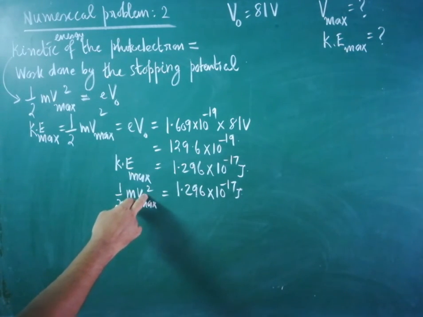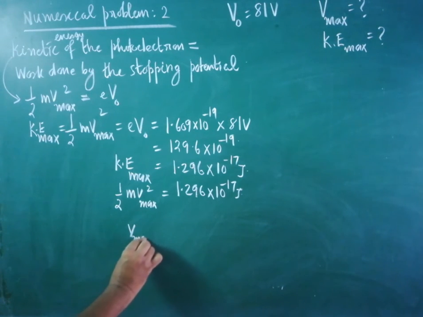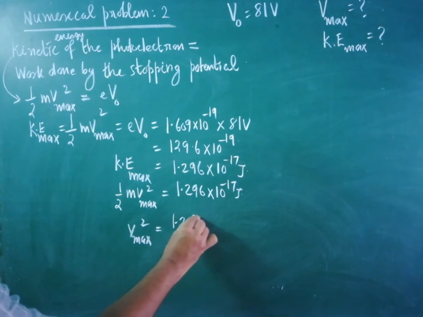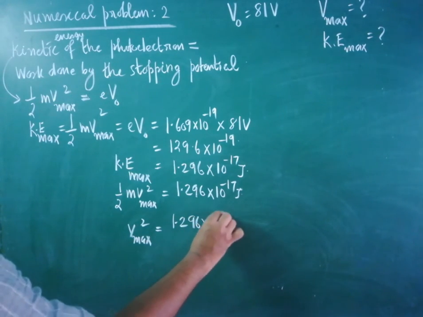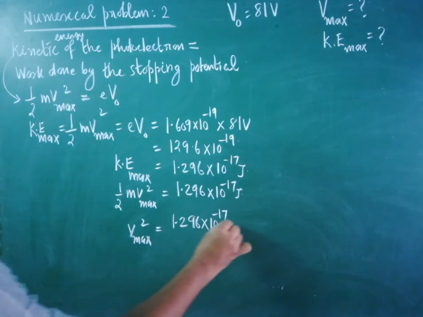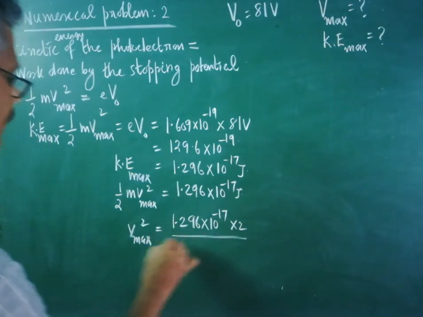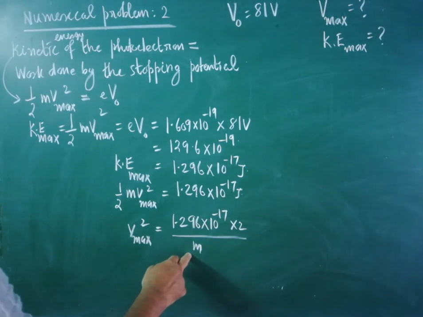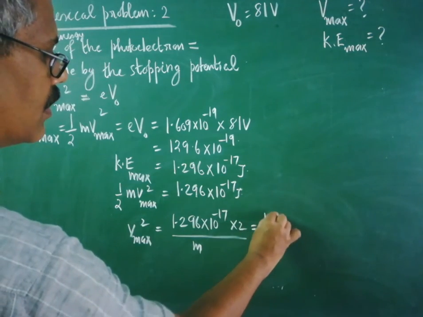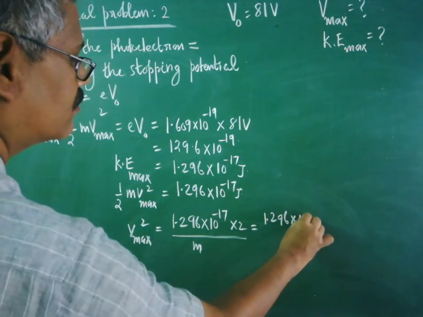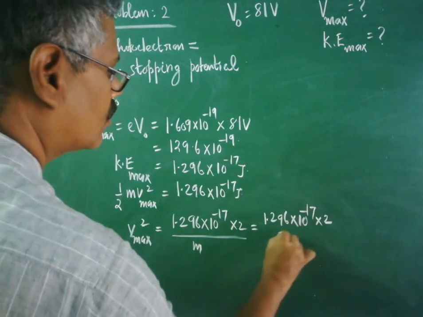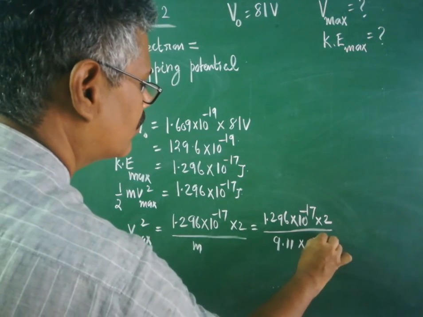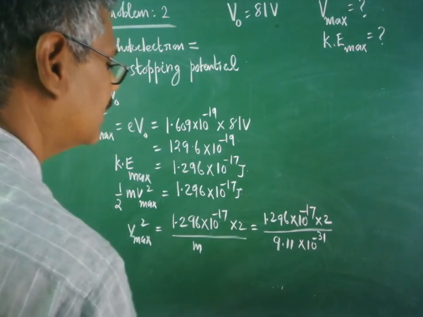What is required? V max is required. So V max square can be written on one side. And what is the rest of the factor? 1.296 into 10 to the power of minus 17, here this 2 can be cross multiplied, whole divided by m. Here what is m? m is nothing but the mass of the electron. So, 1.296 into 10 to the power of minus 17 into 2, whole divided by the mass of the electron, 9.11 into 10 to the power of minus 31 kg.